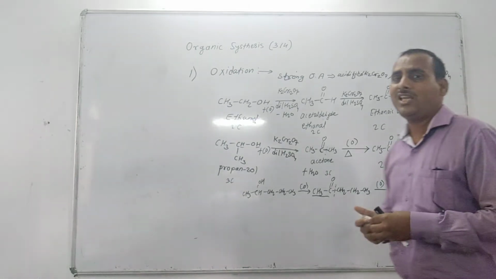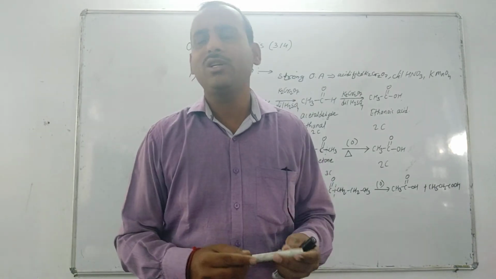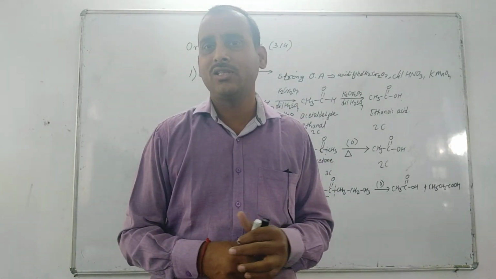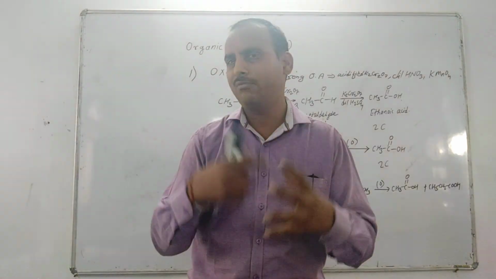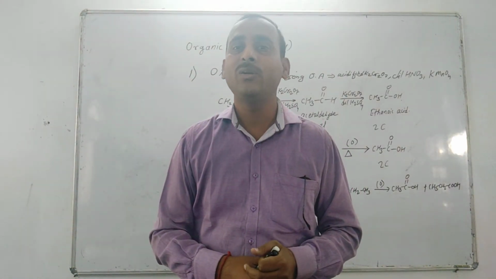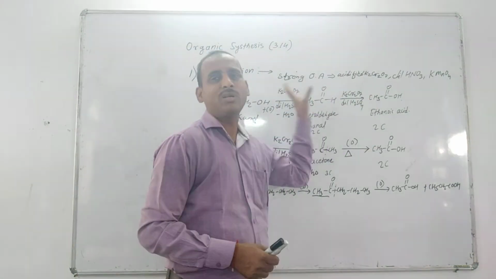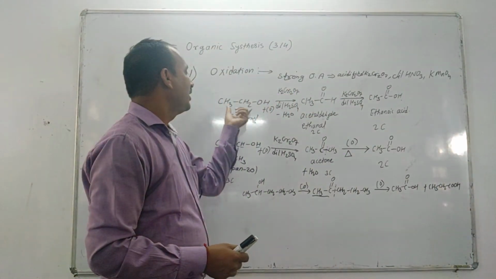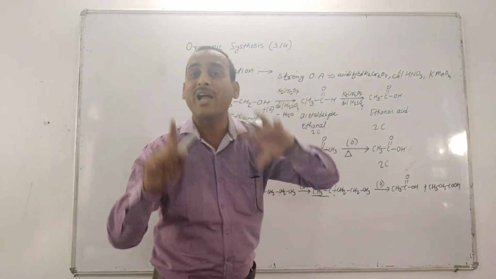So we can say that this is a distinguishing test. By using a strong oxidizing agent, we can distinguish primary and secondary alcohol. The last product is the acid. If the number of carbons in the alcohol and in the acid remains the same, then it is a primary alcohol.